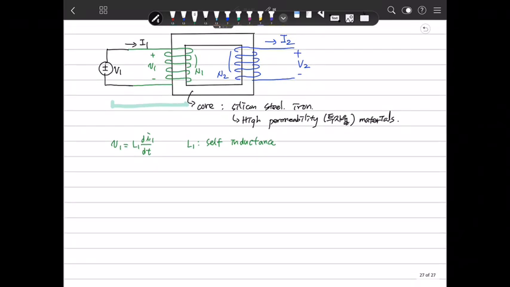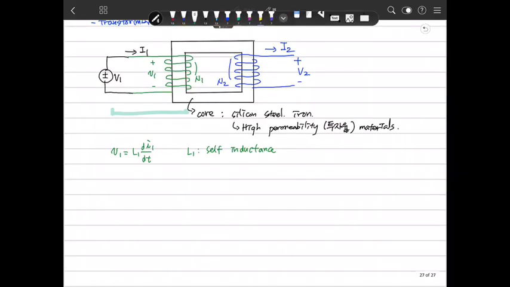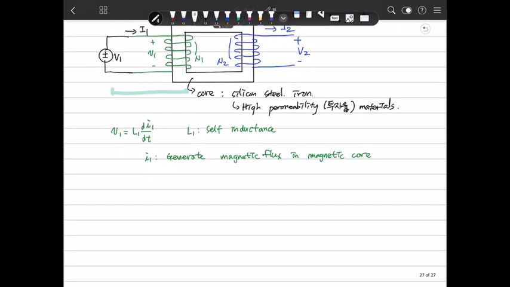I1 makes a flux in the magnetic core. So I1 generates the magnetic flux in the magnetic core here. The flux caused by I1 is phi.